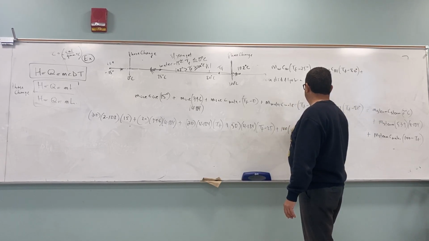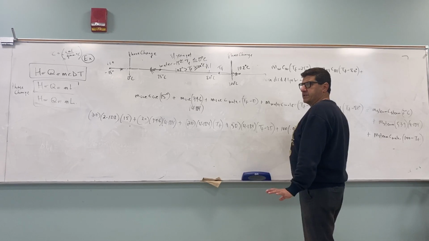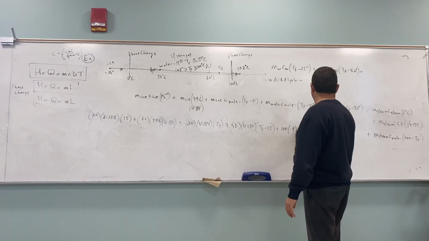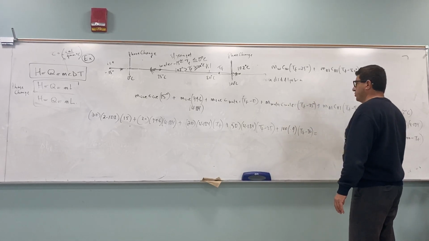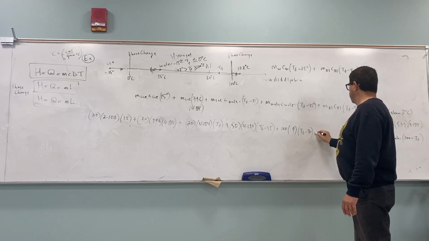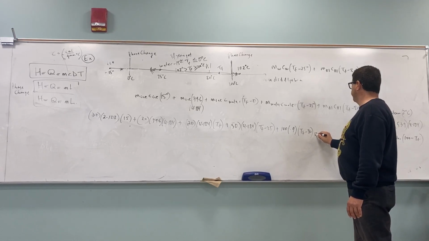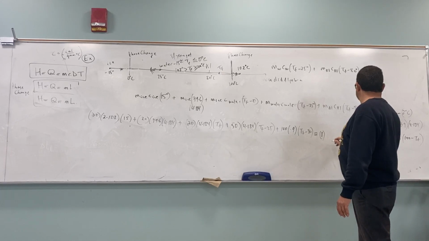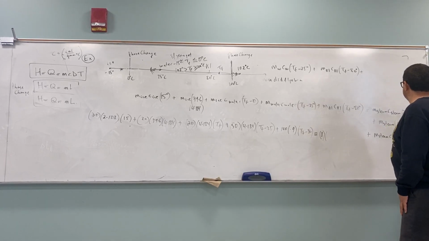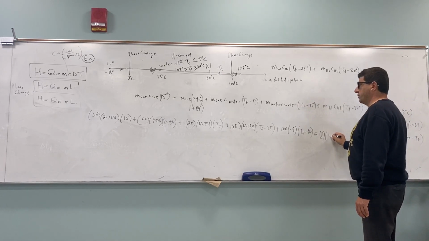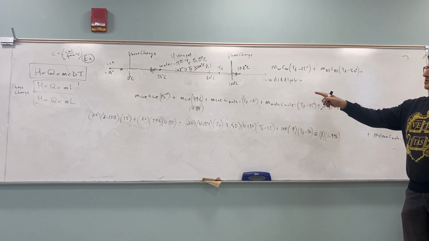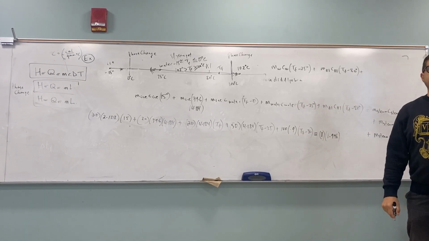Specific heat of aluminum was 0.9, and that was already in joules, right? TF minus 80. Mass of steam was 1 gram. Specific heat of steam was 1.996, so it's slightly easier to change the temperature of steam than ice.